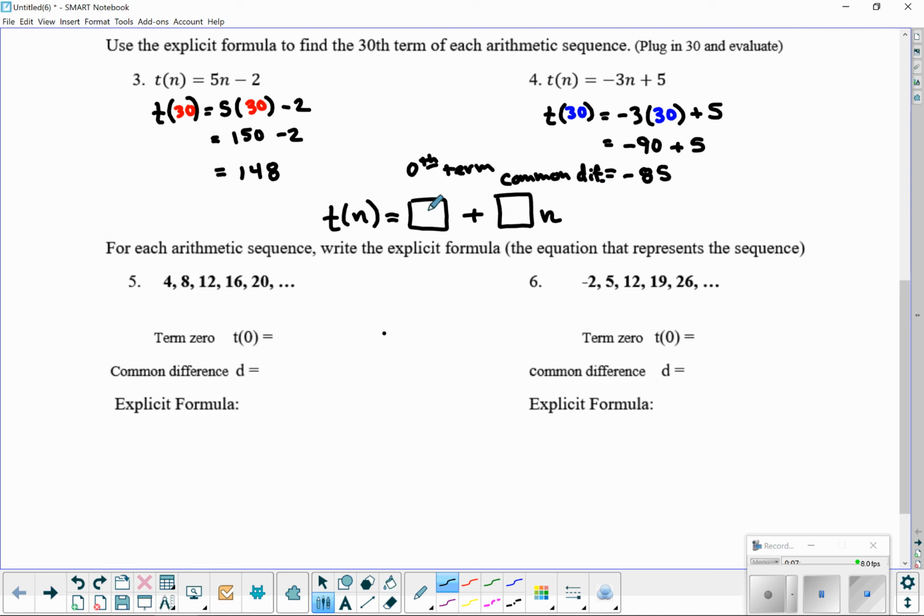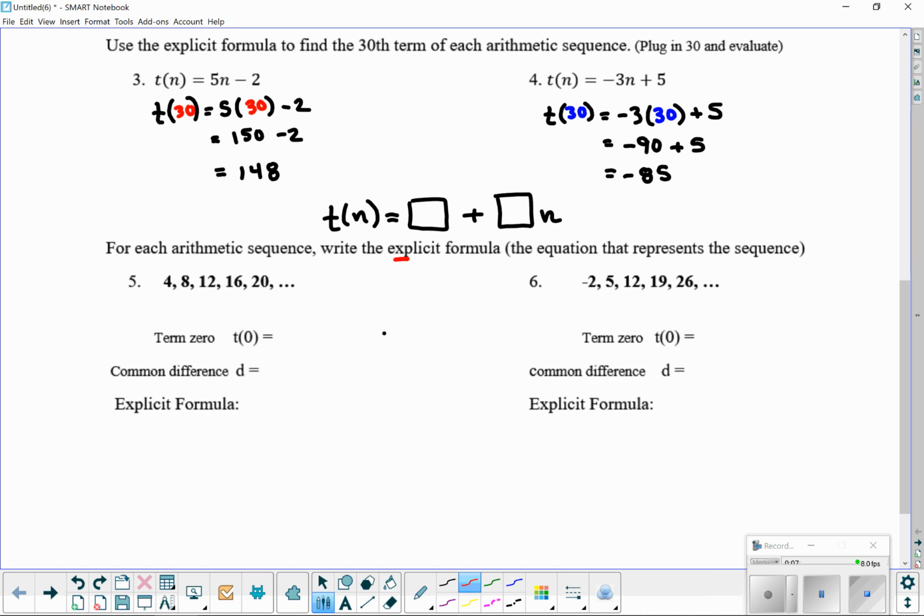So you need a number there and you need a number there. And remember, this is exactly just like y equals mx plus b, and we've done this many times before. It just looks a little differently because we're calling it an explicit formula for arithmetic sequence.